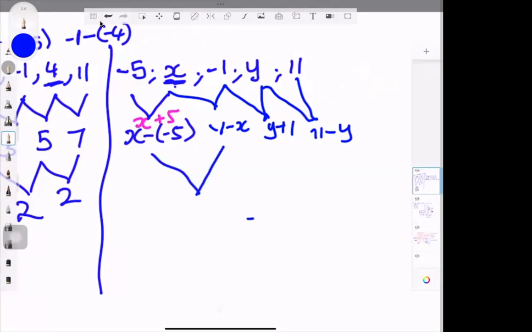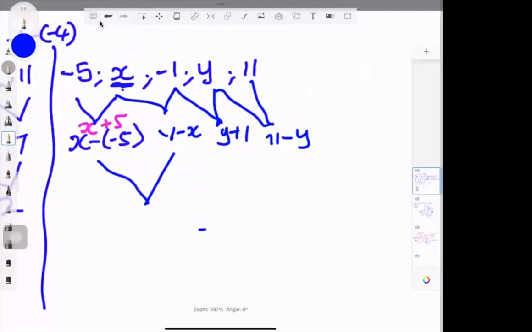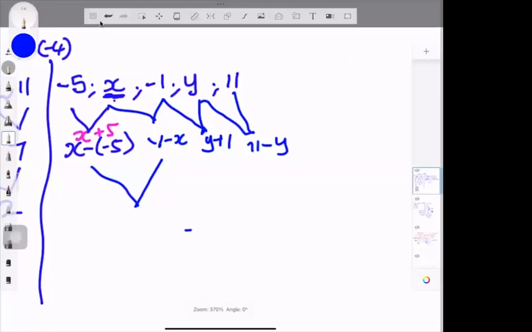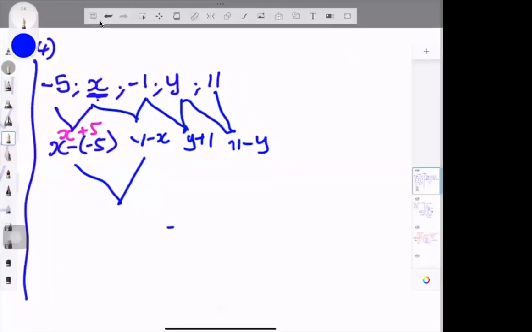Now, the second differences. I normally do them in the exam so that they are visible, but I don't want them to make my diagram messy. So I'm going to go -1 minus x minus, in brackets, x plus 5. That's T2 of the first difference minus T1 of the first difference, which is going to be -1 minus x minus 5, which is -2x minus 6.